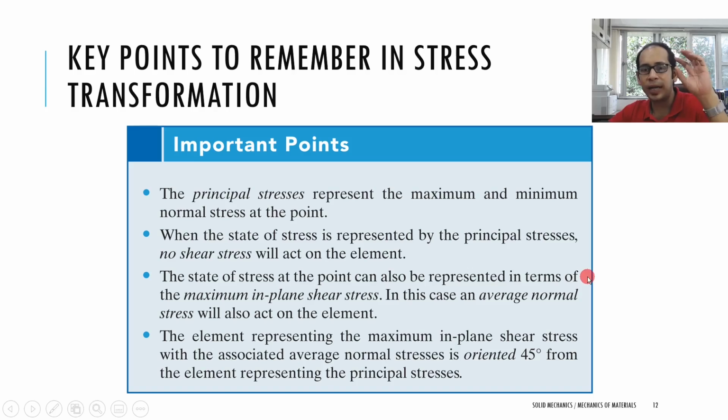To summarize this entire lecture: your principal stresses represent the point of the maximum and the minimum stresses, that is sigma 1, sigma 2. In the principal stresses, there will be no shear stresses, that is tau x prime y prime equals 0, right?